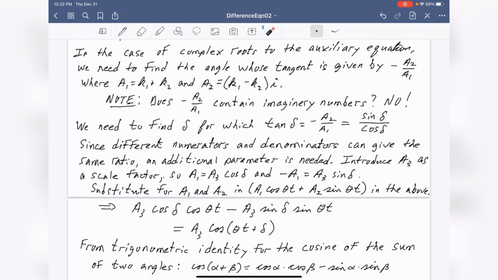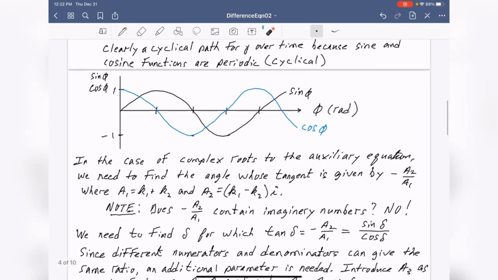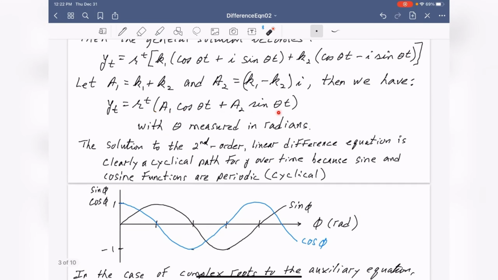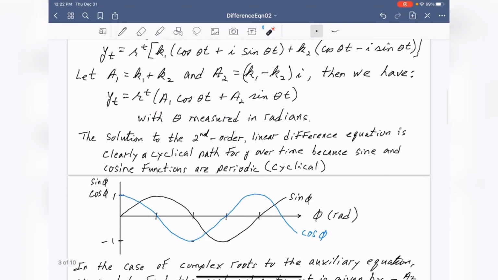Since different numerators and denominators can give the same ratio, an additional parameter is needed. So we're going to introduce A3 as a scale factor, so that A1 is equal to A3 cos delta, and minus A2 is equal to A3 sine delta. So we substitute for A1 and A2 in this expression of the solution to y_t that we were looking at up here.